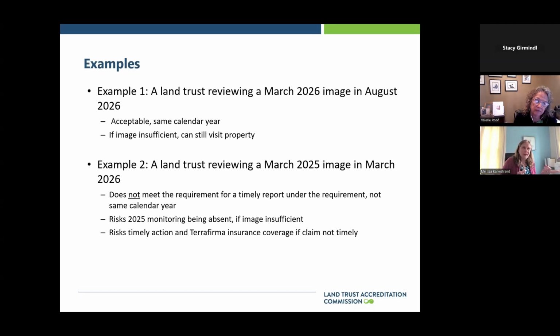But let's say you're reviewing a March 2025 image in March 2026. That's not meeting the requirement for a timely report because they're in different calendar years. That's where you're risking 2025 not happening. Or if something happens and you look at that 2025 image in 2026, you're like, oh, there's something on here, I needed to take action, and you're risking timely action. Again, that possibility of putting a Terra Firma insurance claim in jeopardy.